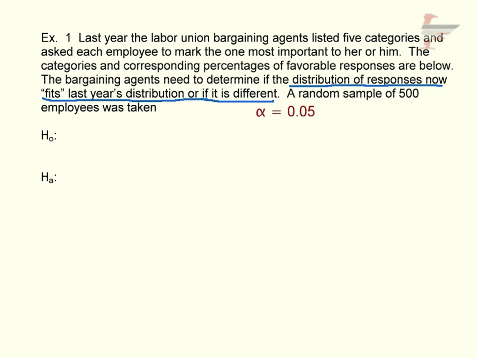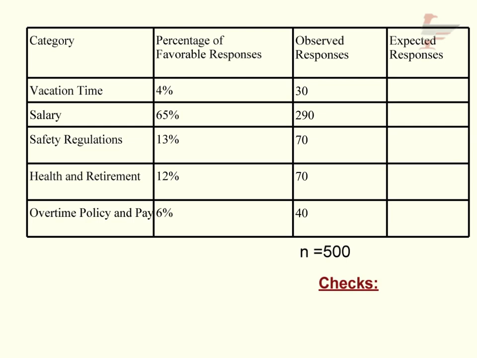Is it different? We took a random sample of 500 employees to do this survey, and we first want to take a look at the table for the distribution, and then we'll come back to actually stating the null and the alternative hypothesis. When the bargaining agents sent out the survey last year for their employees to comment on their priorities for these 5 categories listed right here, they ended up with this distribution for their favorable responses.